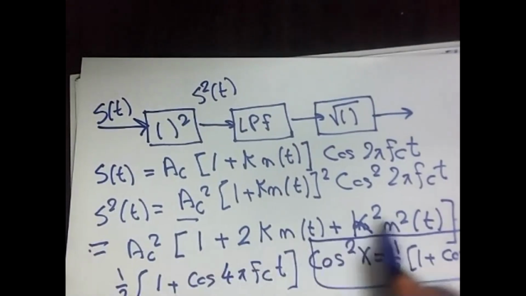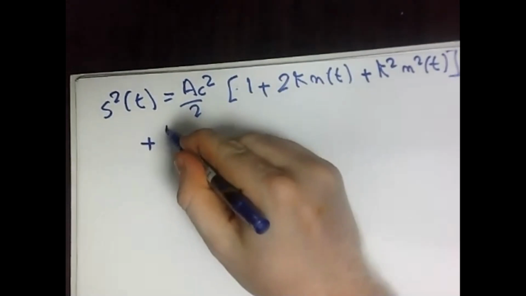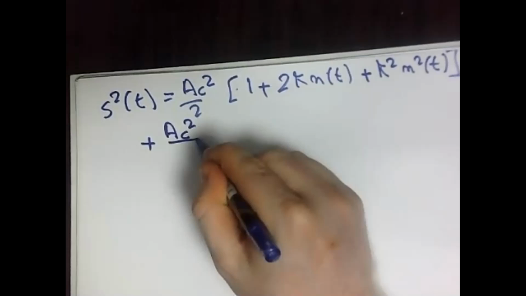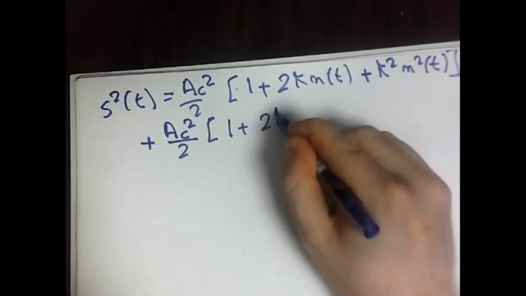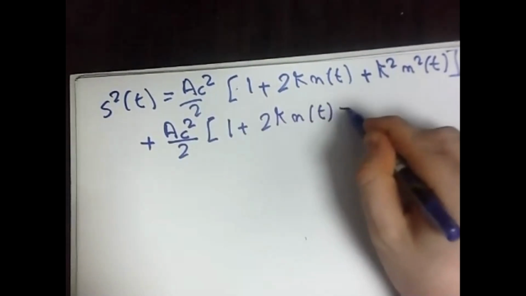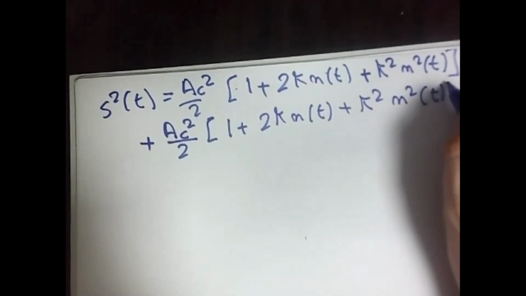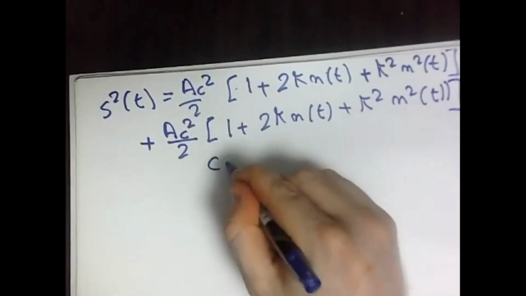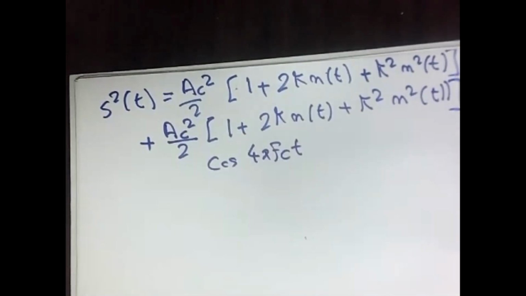So we have Ac square over 2, again the same bracket, 1 plus 2 k m of t plus k square m square of t, multiplied by cosine 4 pi fc t. This is simply the S of t.